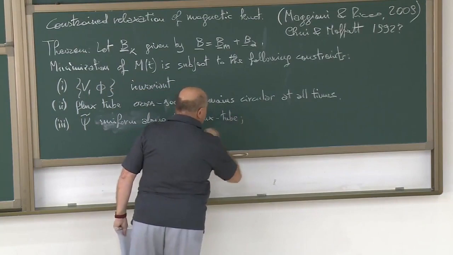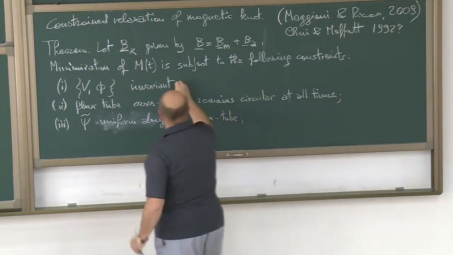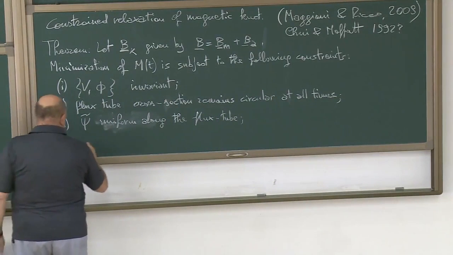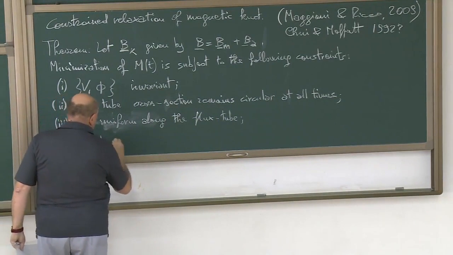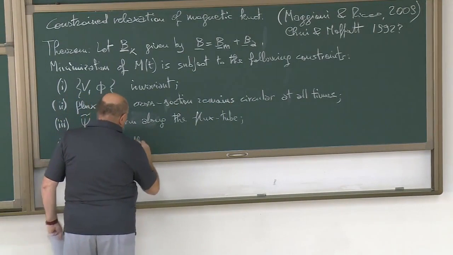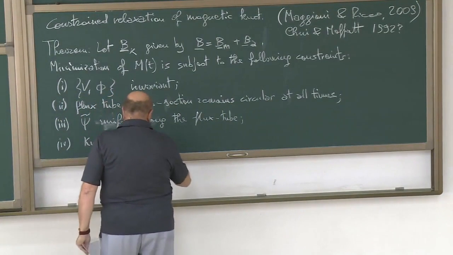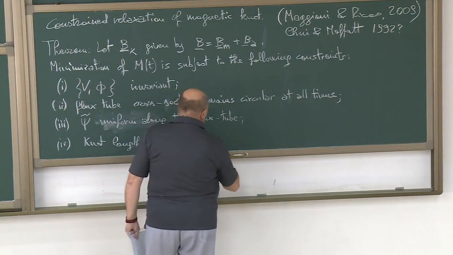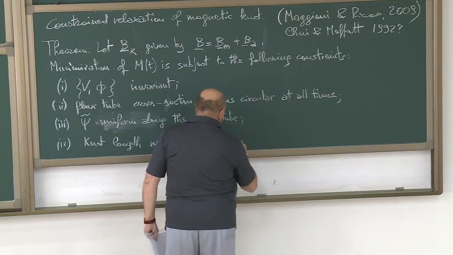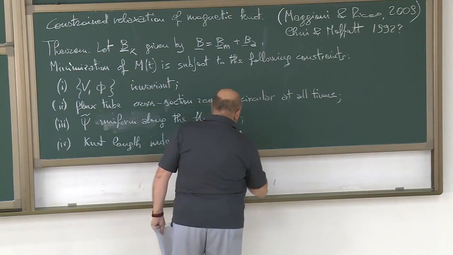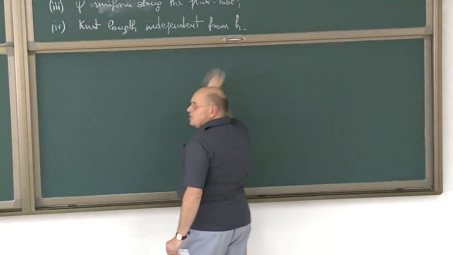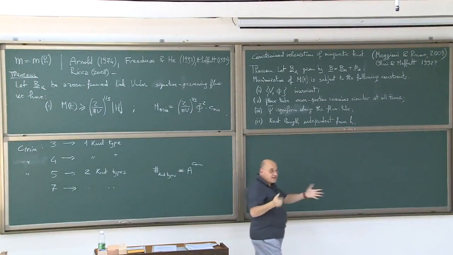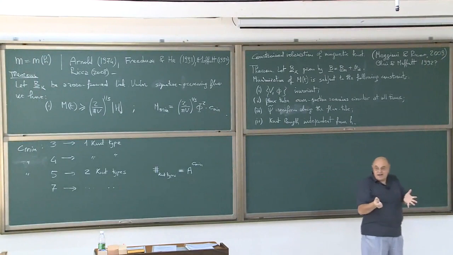And then the last one, each knot length is assumed to be independent from H. When you put twist in a rope, of course, it eats up some length.